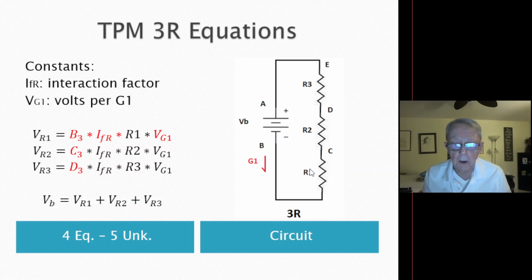I placed a large resistor here, a medium, a small resistor here, and you can write the equations around the circuit. There are 4 equations here and 5 unknowns. You can't solve something like that. You've got to have the same number of unknowns and equations to hope for a solution.